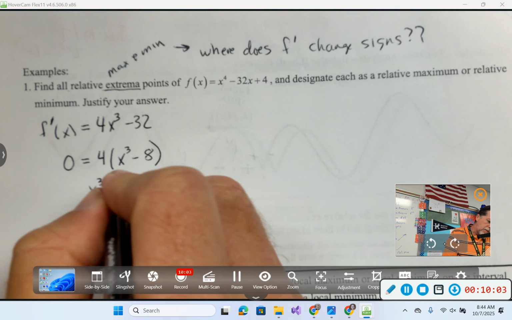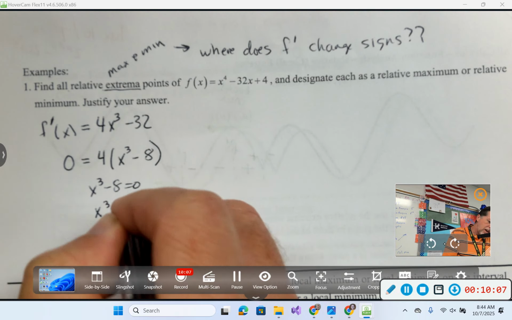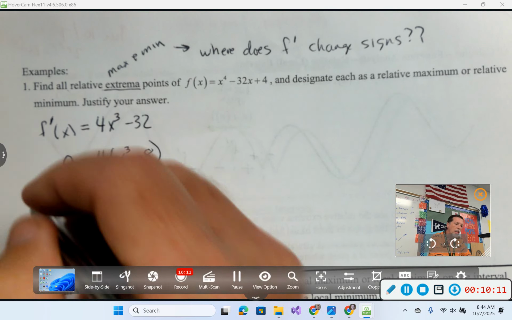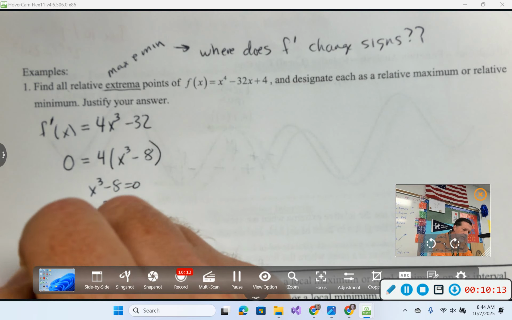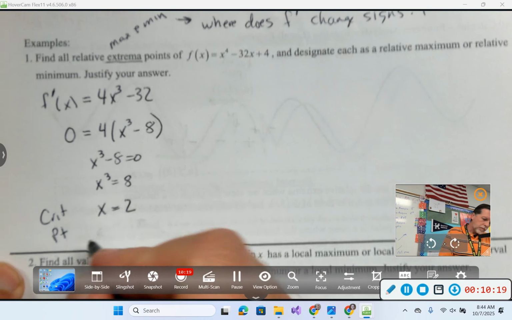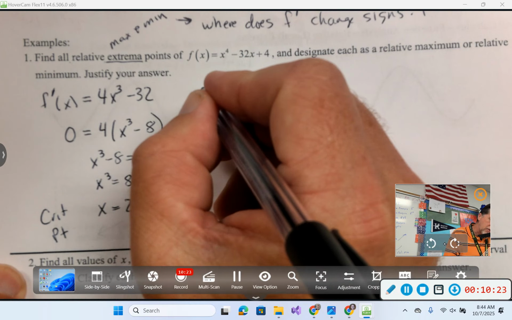Let's see, x cubed minus 8 equals 0. X cubed equals 8. So x equals 2. That's my critical point. Only one of them. And I don't know if that's a min or a max or neither.